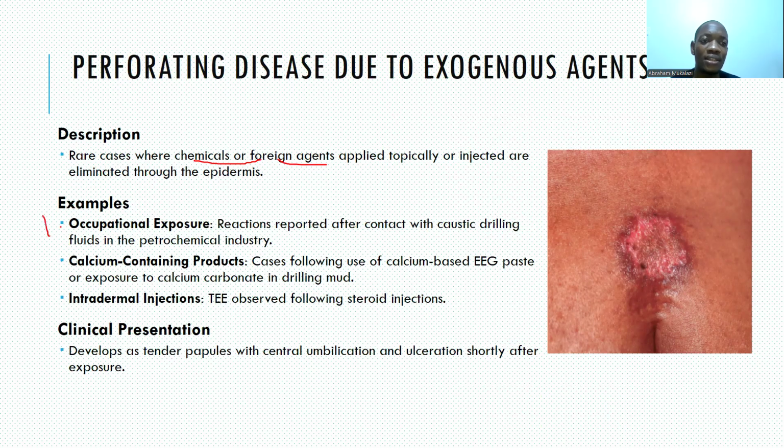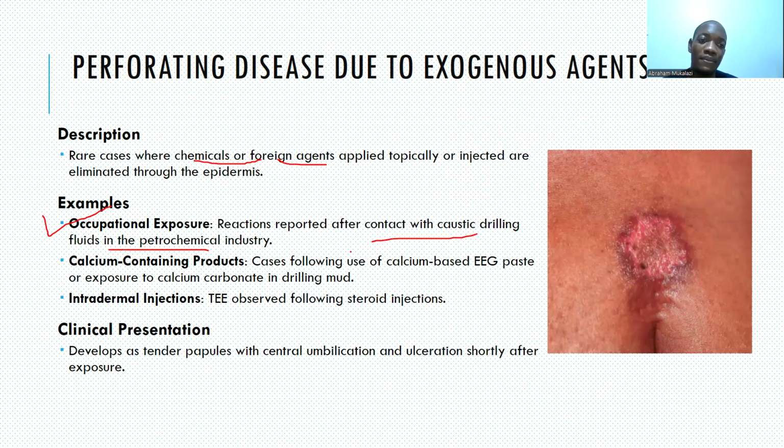Examples of this type include occupational exposure. In this case, someone gets a reaction, usually reported after contact with caustic fluids, or even the petrochemical industry, to the oils and other materials in those industries. So someone gets exposed, and even fiberglass can also be occupational.